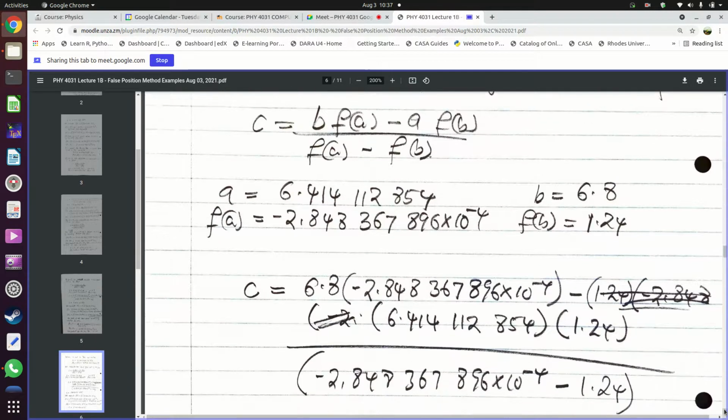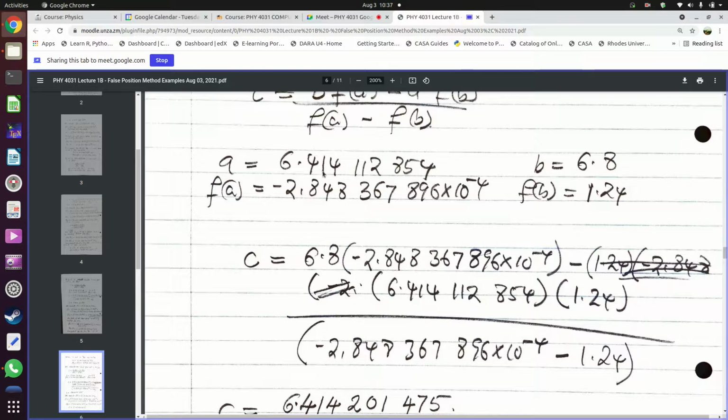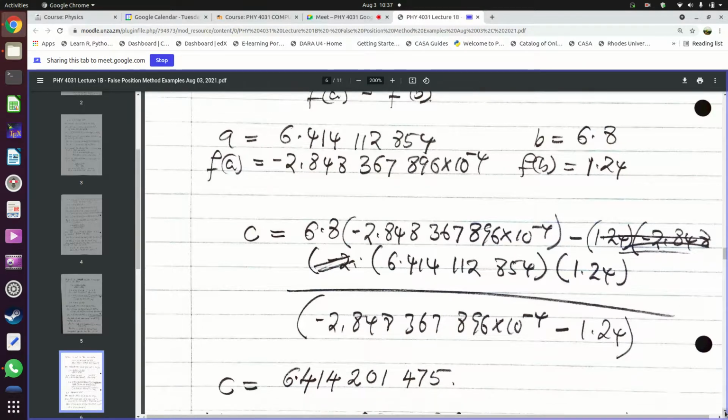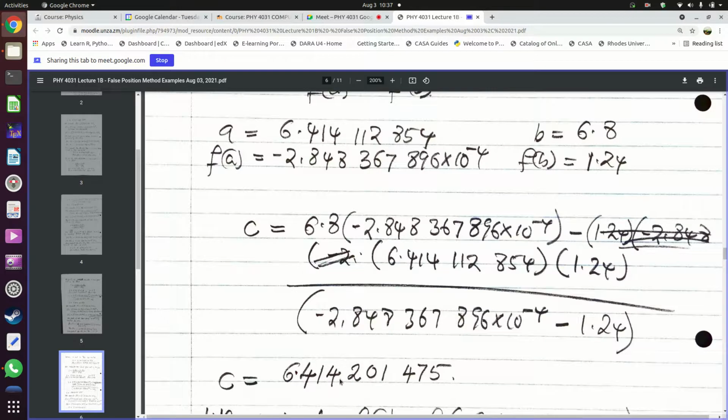In our final solution, you see that our 4 is now solid. So you've got 6.414. The 4 has stopped changing. The 4 was there in our previous solution, which is this, and now it has stopped changing. So there is not really any more improvement you're going to get. The only thing you're going to get are numbers becoming fixed and fixed and fixed like that. Are we clear?